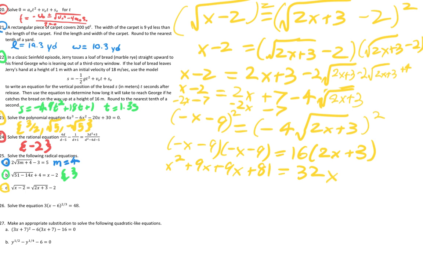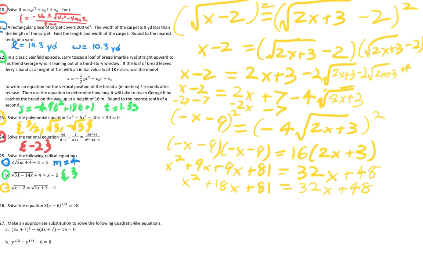I'm also going to distribute that 16 on the right side, so 32x plus 48. So now I'm going to write this as x squared plus 18x plus 81 is equal to 32x plus 48.